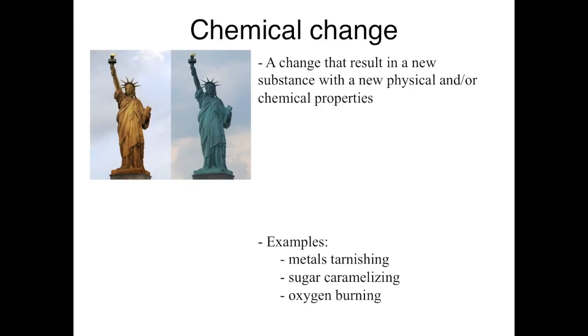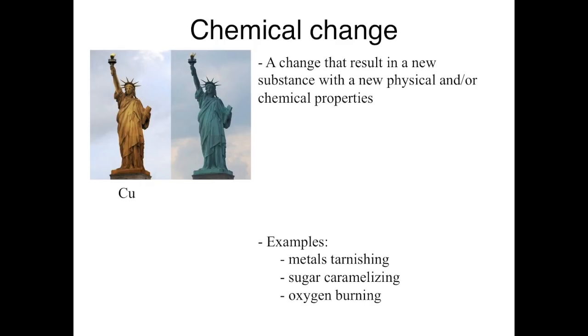A trivia question for you. Which of these images represent the true color of the Statue of Liberty when it was given to the United States by France? Yep, it turns out that the true color of the Statue of Liberty is the left image here. The true color of the Statue of Liberty in its original state was this golden color because it was coated by a layer of copper.